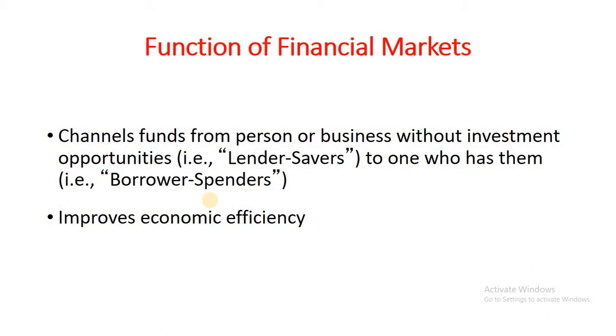So financial market improves economic efficiency because without any financial market, it will be next to impossible to match or to bring together lenders and borrowers. So it will be hard for everyone to find a lender or to find a borrower for investment.